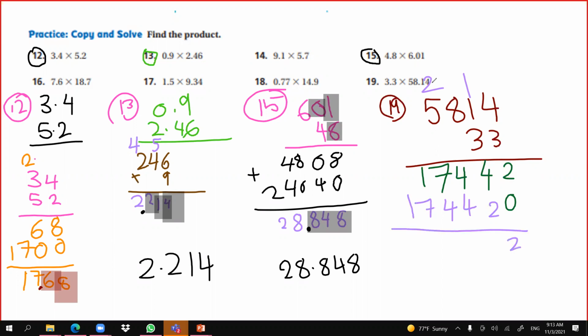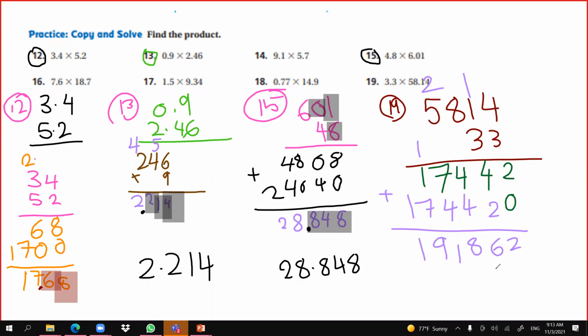Then let's add them together. 7 plus 4, 11. 9 and 1.